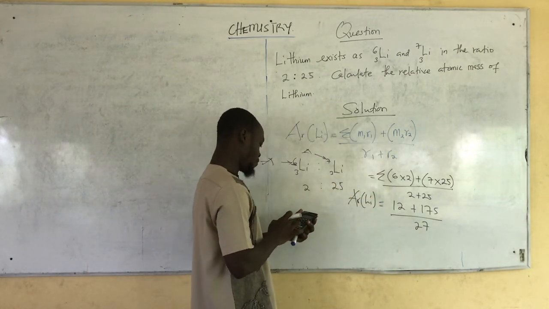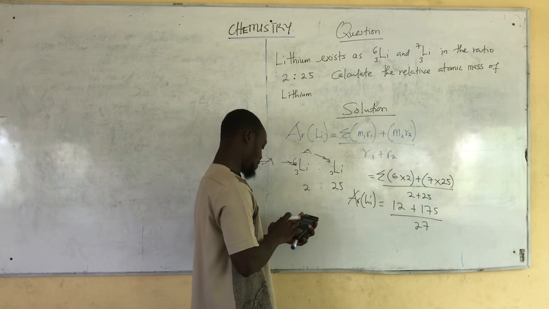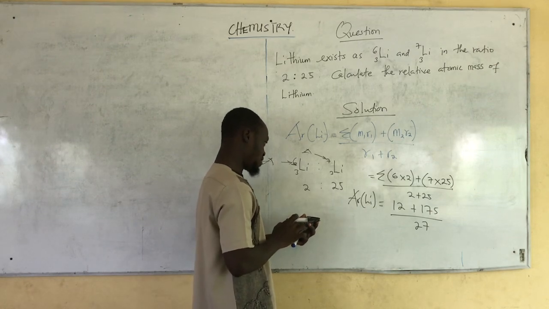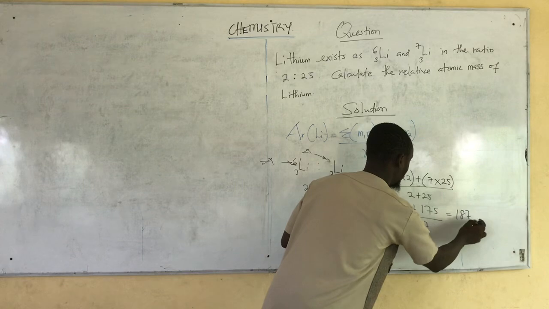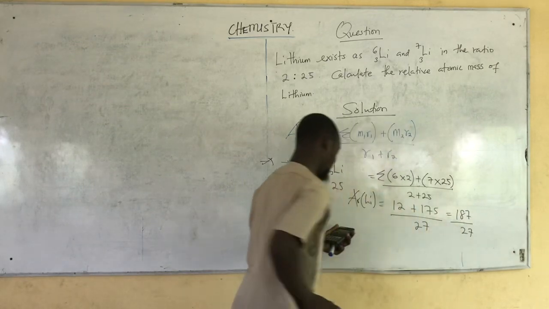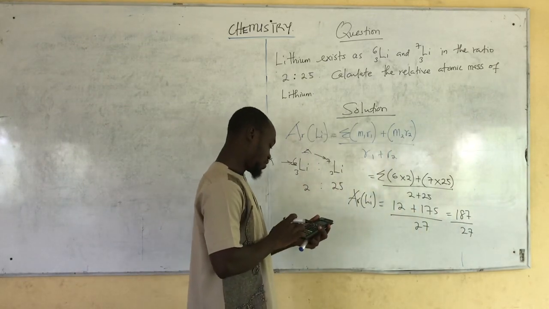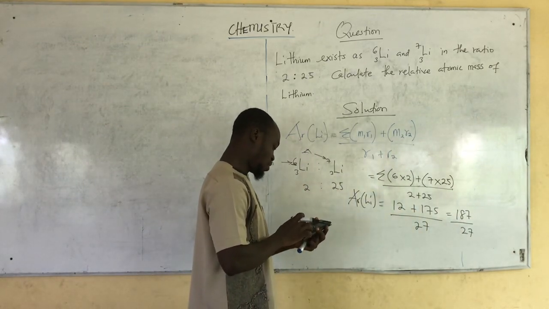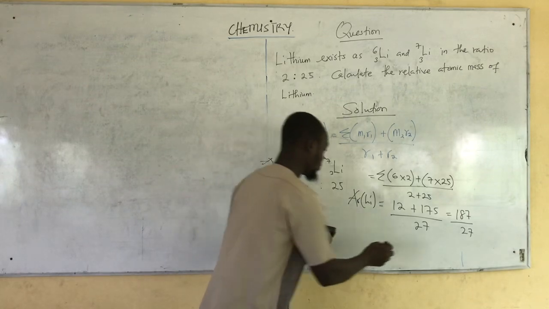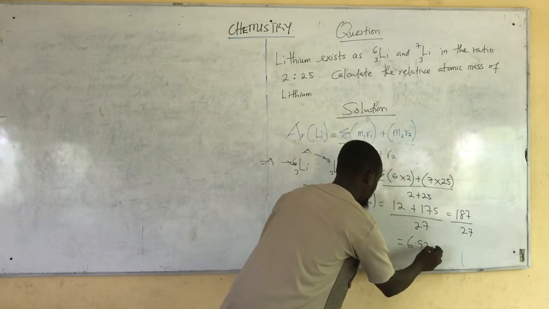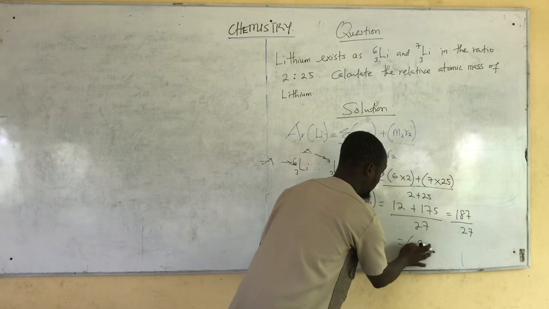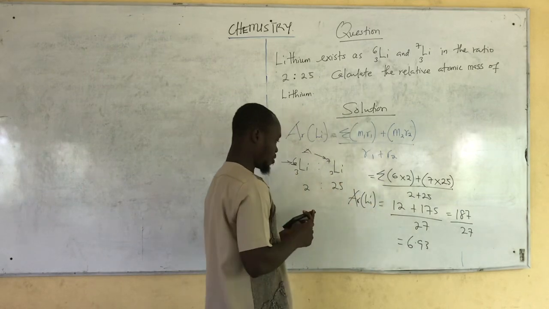So we have 12 plus 175, that is equal to 187, divided by 27. So we are going to divide this by 27. And then what is our answer? So we are going to get 6.92 or 6.93 to the nearest approximation.